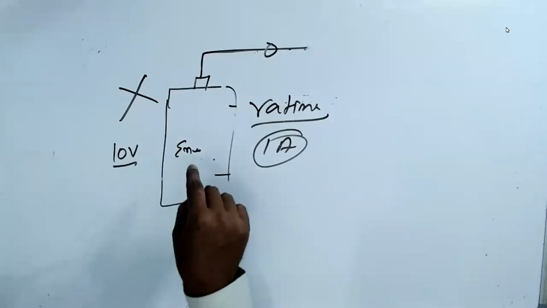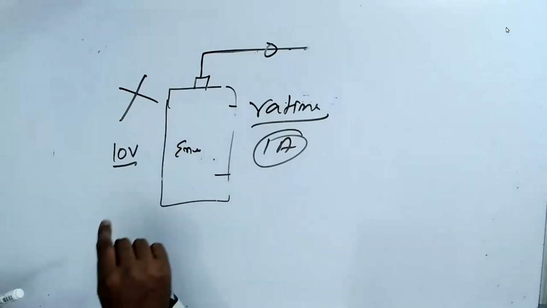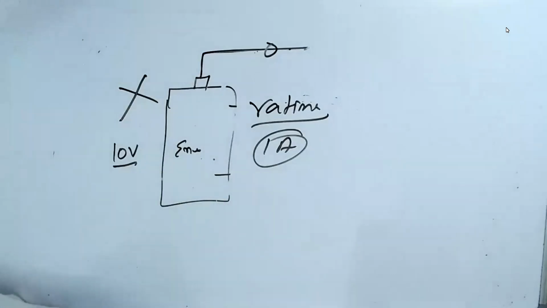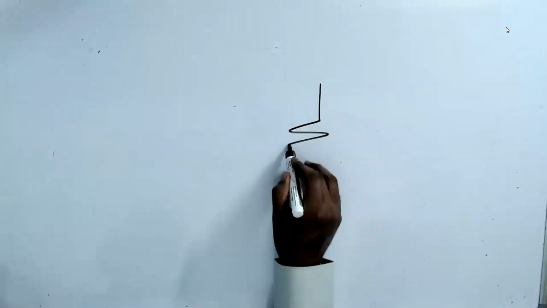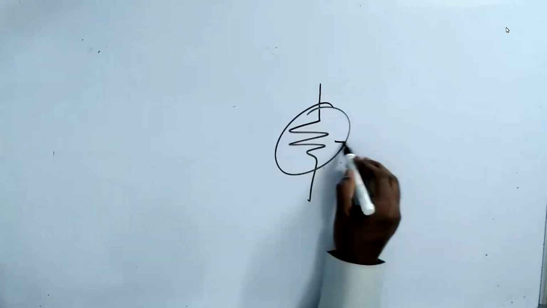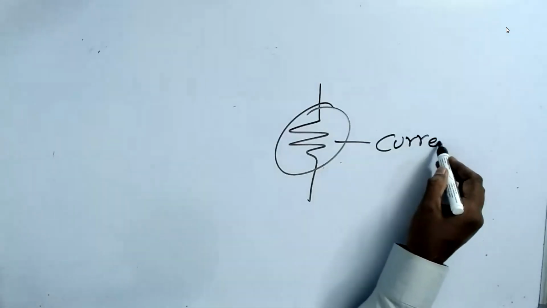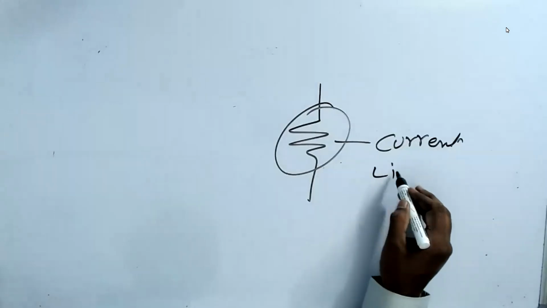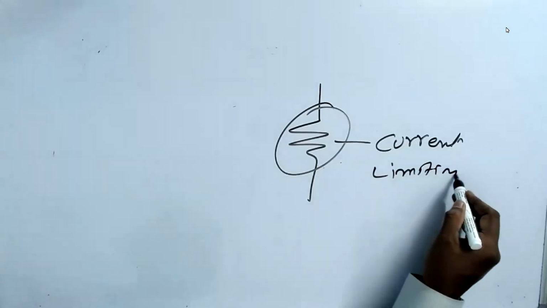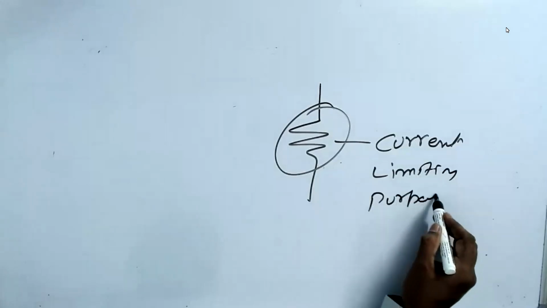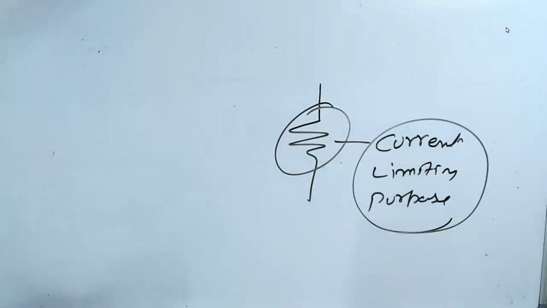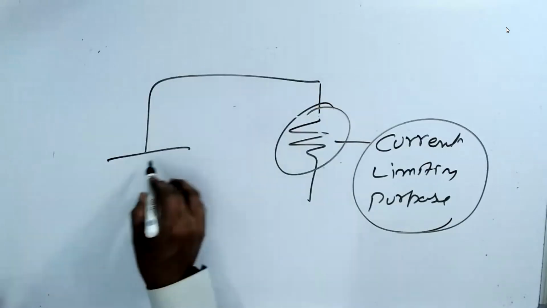You are not supposed to draw more current than the manufacturer gives. That is the reason we are using a resistor. What the resistor is doing is the current limiting purpose. Understand? If you don't have the resistor, then the circuit will burn.